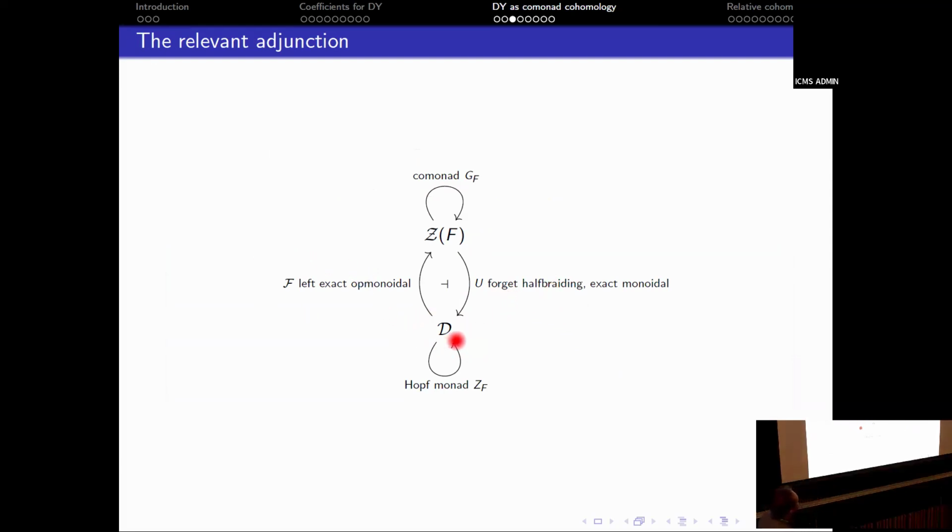So its left adjoint is left exact and op-monoidal. Then if we compose this functor and we go down, we get an endofunctor on D. This is the Hopf monad, which is op-monoidal. And we get also a comonad by first applying U and then applying F. That gives an endofunctor on the center, which is a comonad. And we will use all of them in a very standard way.